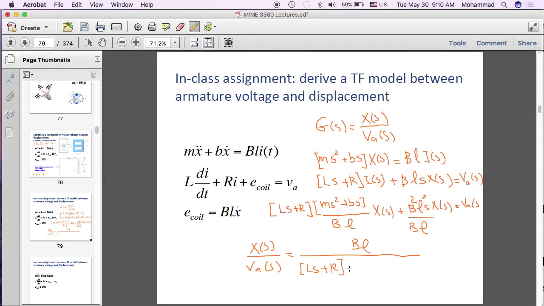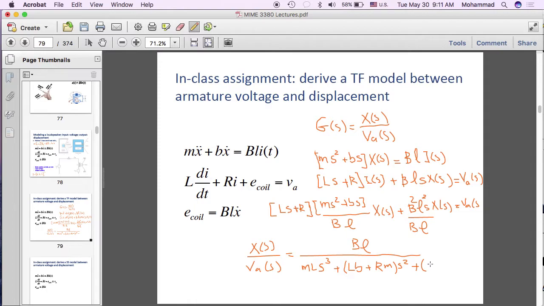Let me go ahead and multiply the whole thing so it's easier to see that this is a third order polynomial. So if we carry out the multiplication, we are going to have m times L s cubed, plus two terms that would be s squared. One is L times B plus R times M times s squared, plus there are two terms that are s to power 1.